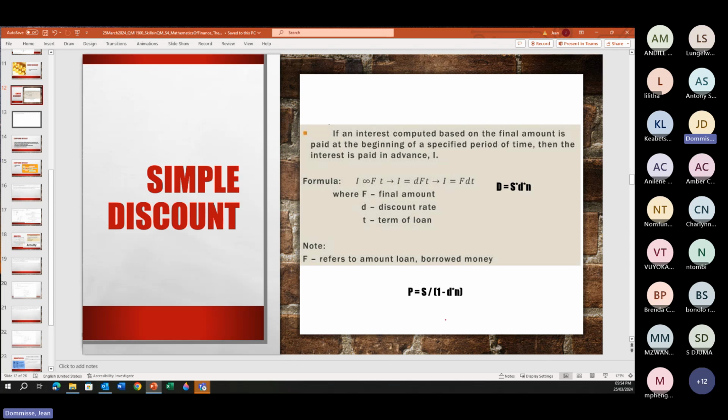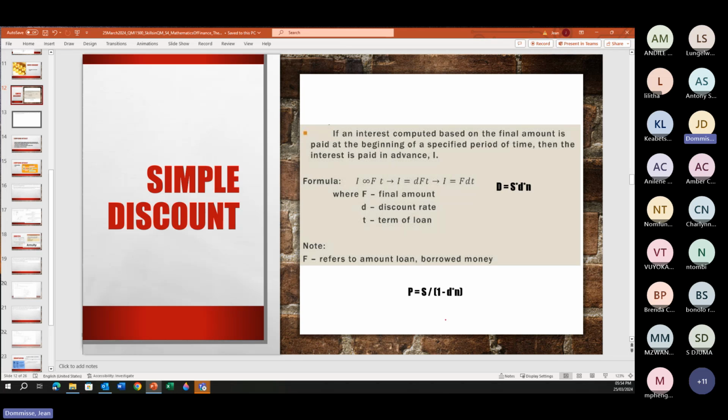Okay, so this, I don't think we often see simple discount really playing out in practice. It's more the compound interest that we will see in real life.